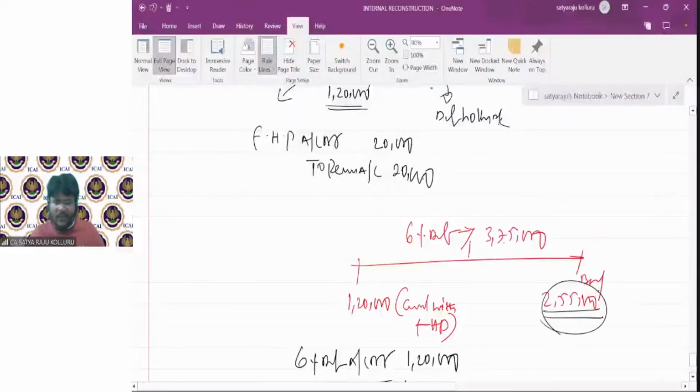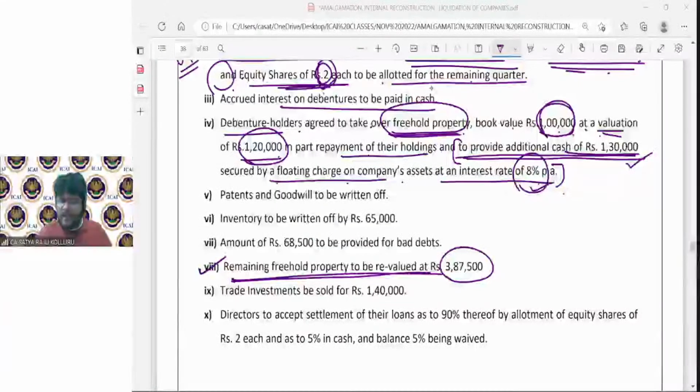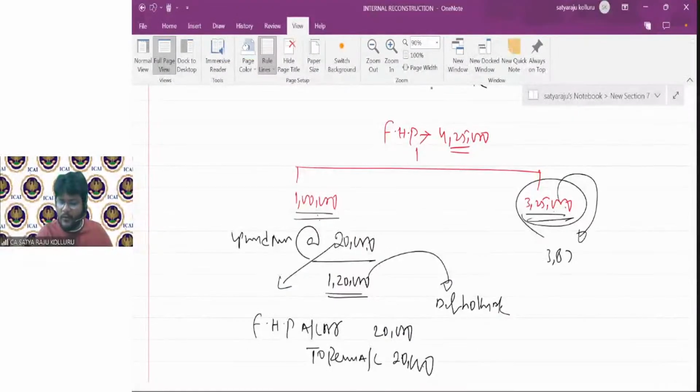So remaining freehold property means this one only, right? This 3,25,000. They are revalued at which price? 3,87,500. How much revaluation profit did we get? 3,87,500 minus 3,25,000. So I got 62,500 as revaluation profit.